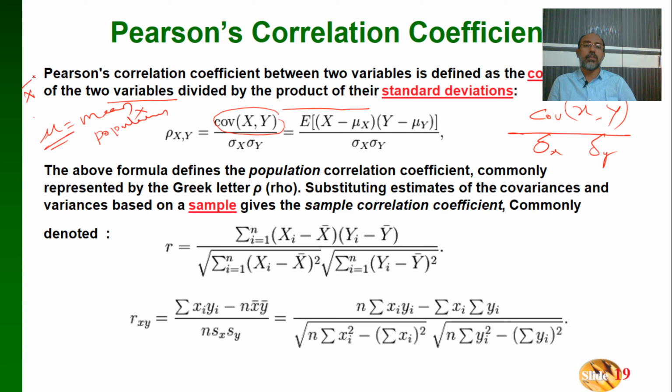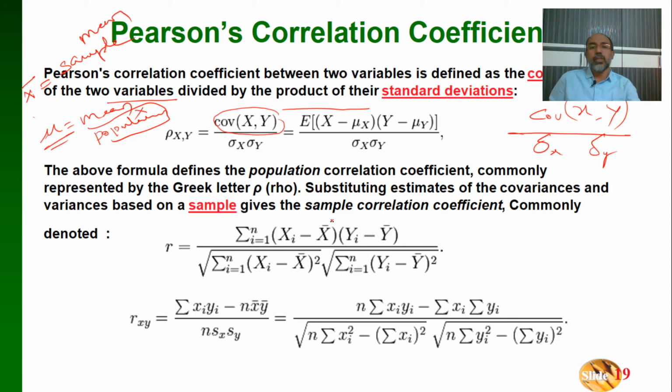X bar is used for a sample, whereas for populations mu is used.